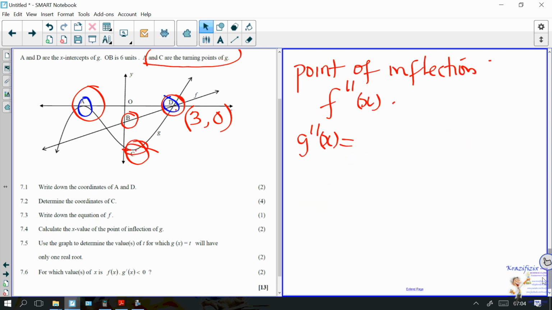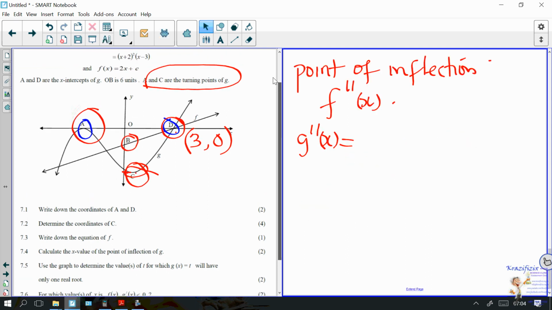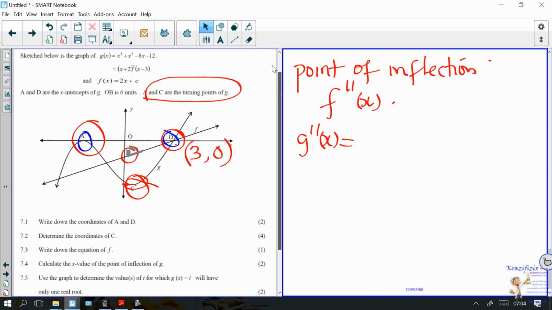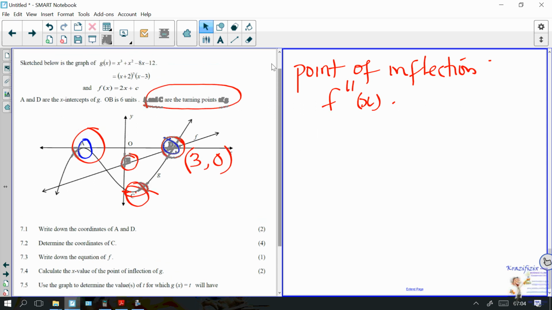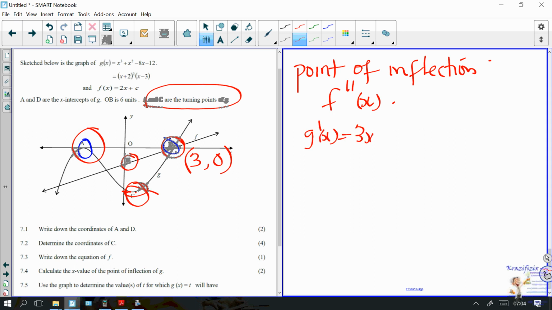Just in case somebody got lost along the way, my first derivative is 3x squared plus 2x minus 8. Now what is my second derivative? My second derivative will be 6x plus 2.